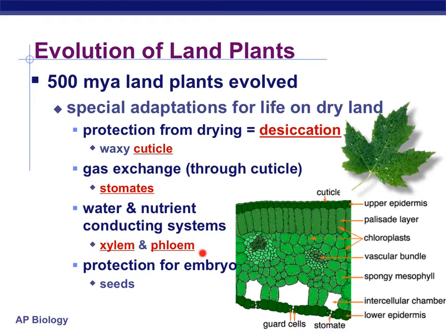And then we will also talk about, more specifically down the road, transport in plants, but their vascular system. Very important that we understand, I would say especially xylem tissue for conducting water, but as well as phloem, or the kind of plant sap system, where nutrients are also transported, for instance, from the leaf where they are produced by photosynthesis to all over the rest of the plant cells where they are needed.